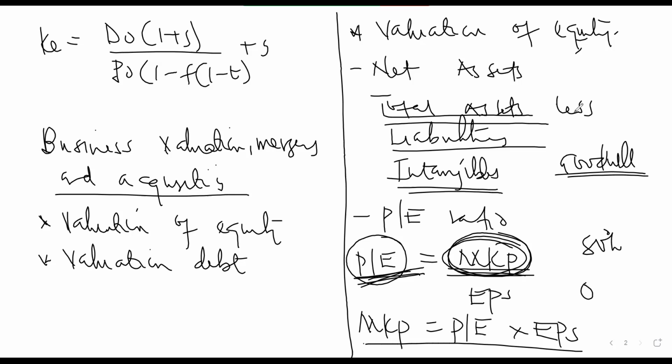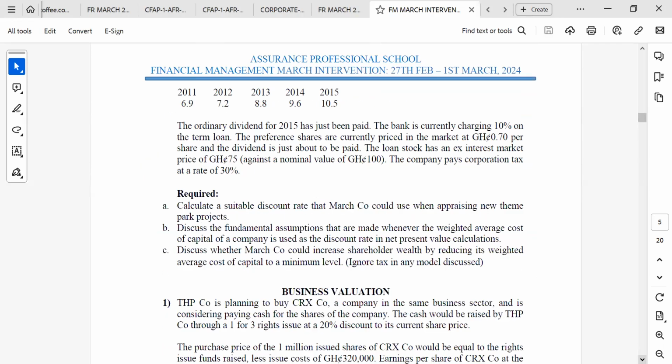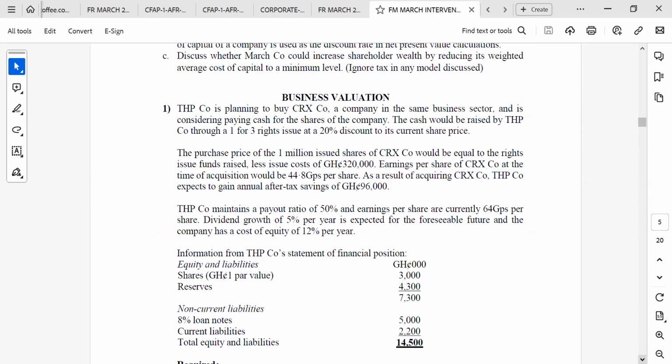What they normally use is the net assets, the price earning ratio, the dividend model, and sometimes we also use the cash flow model. If we try to solve a question, we'll be able to get all of them. I don't have to talk about them; if we are solving questions, we get to know them. So let's take question one.